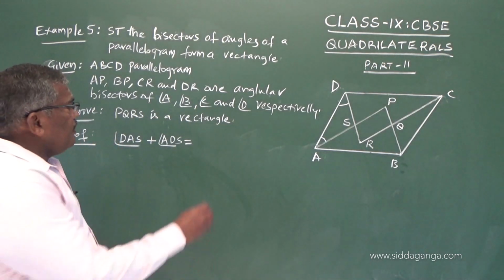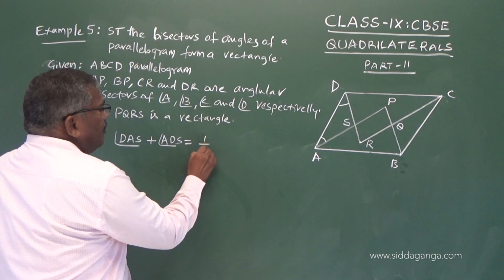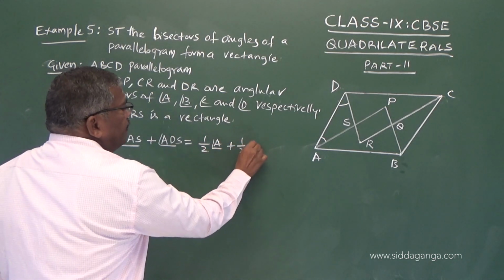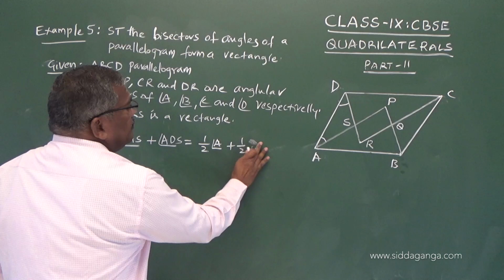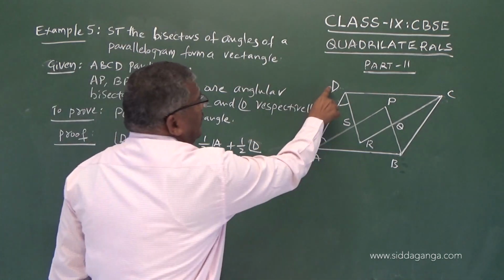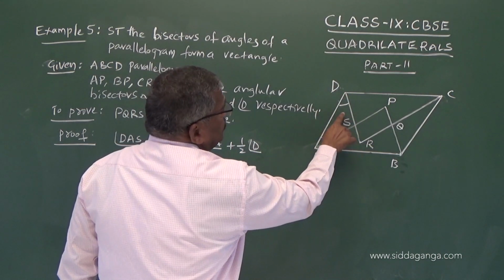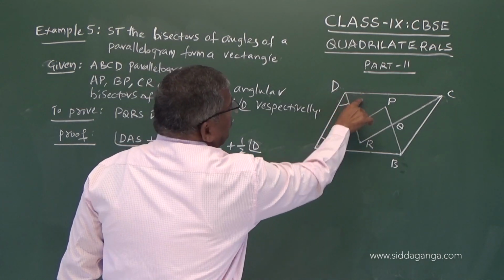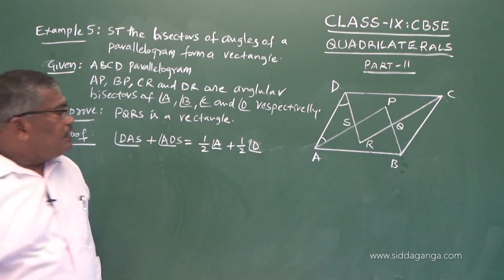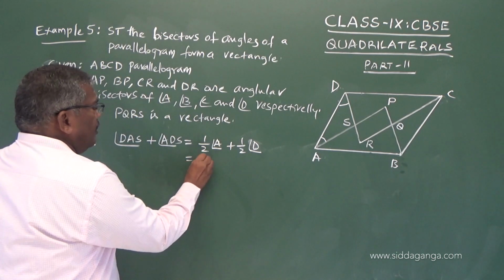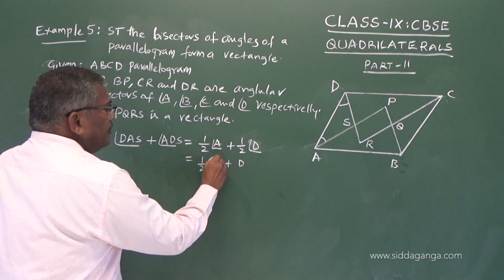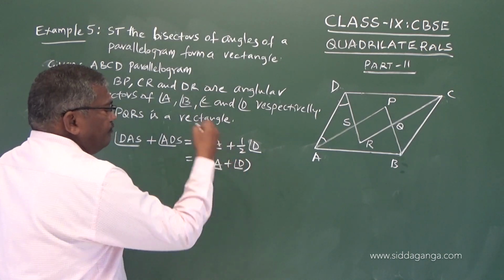So I will write this as half of angle A plus half of angle D, since ADS is half of the total angle D. So this is nothing but half of angle A plus angle D.